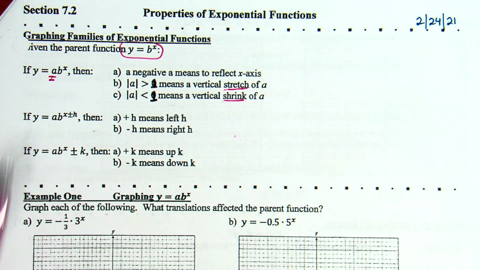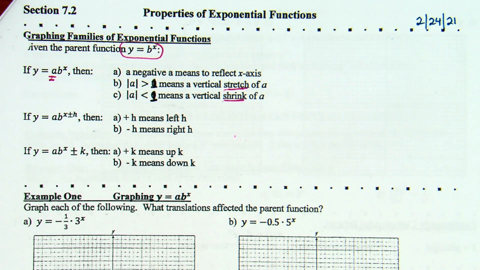Okay, so old news, just a new function. Notice the next one. y equals a times b to the x plus or minus h. Well, I know you've probably already read, but think about it. Where is that number being added or subtracted to? The x value, right? And I keep saying when the number is directly being added or subtracted to the x, then that means the graph is going to move left or right, and just like previous, opposite the sign.